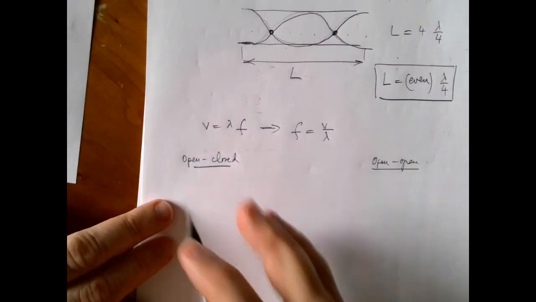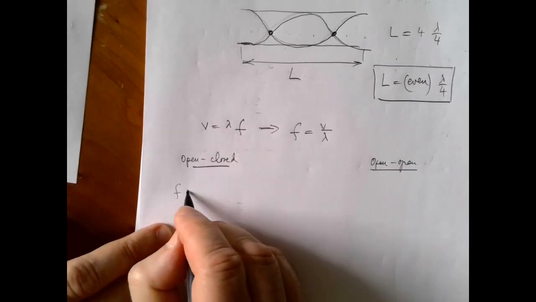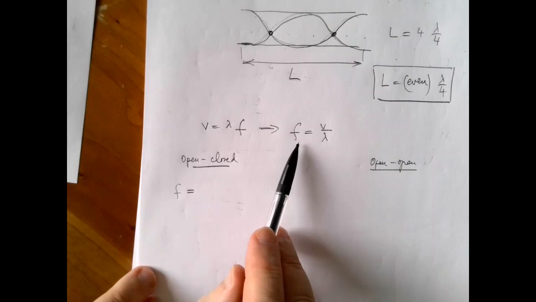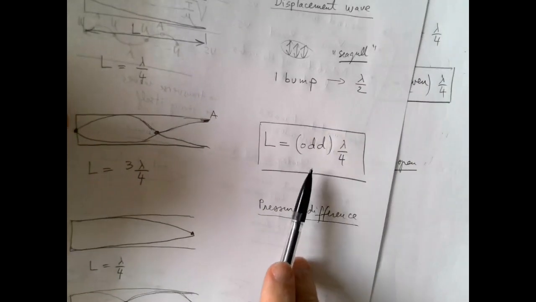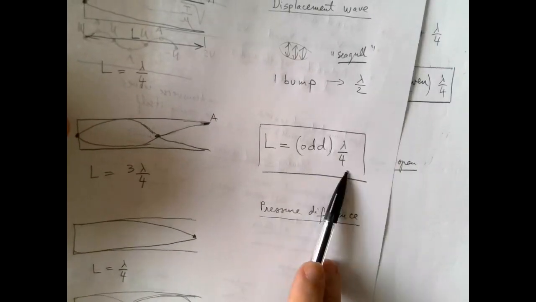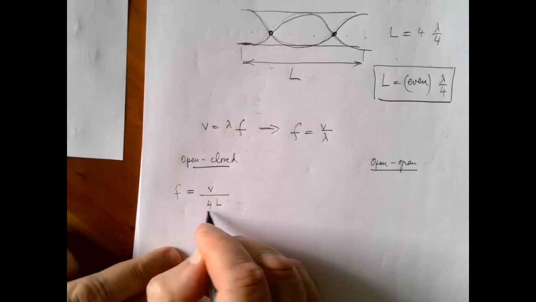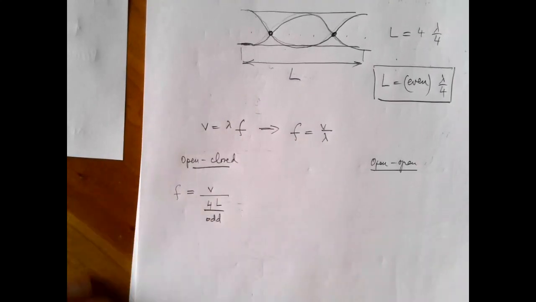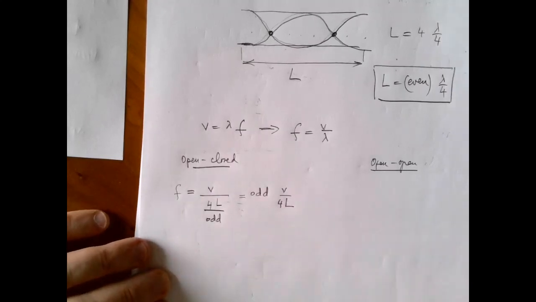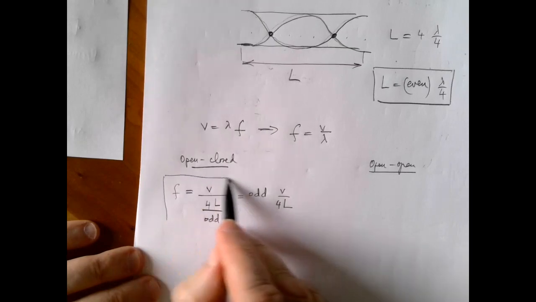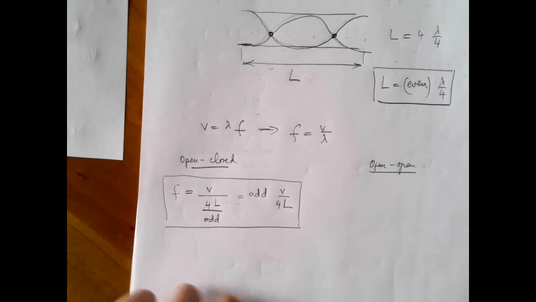So the frequency in the open-closed case will be v divided by lambda, but lambda is 4L over odd, so divided by 4L over odd, or odd times v over 4L. This is the condition, the frequency in open-closed tubes.